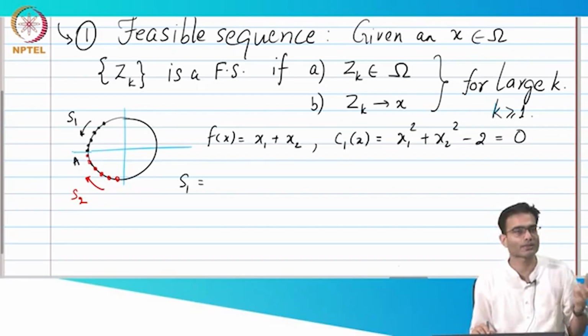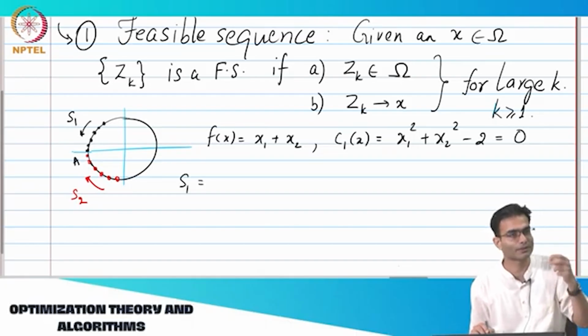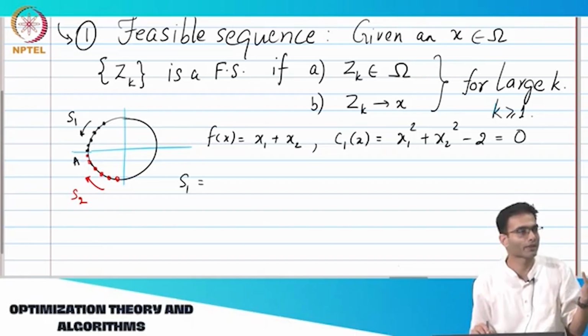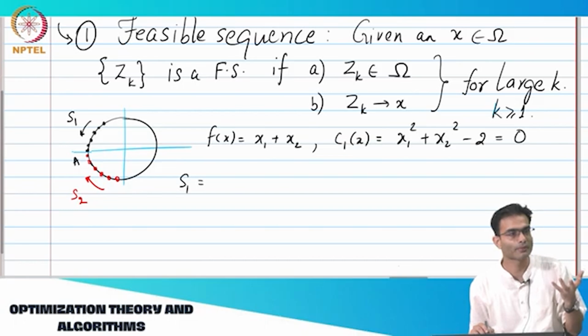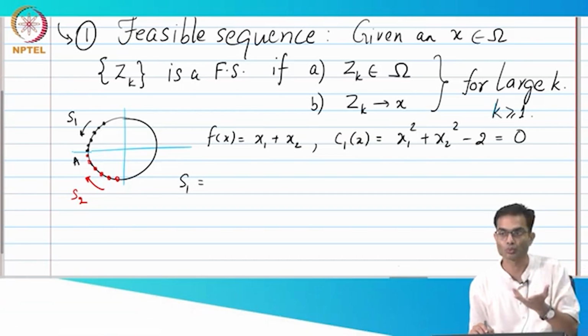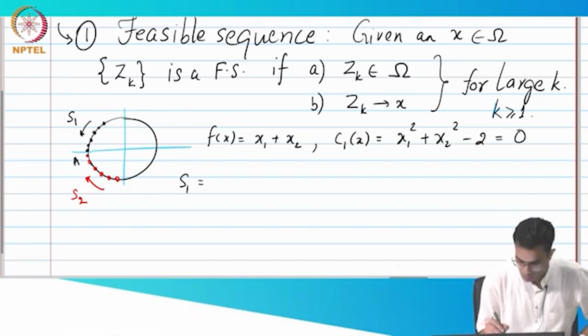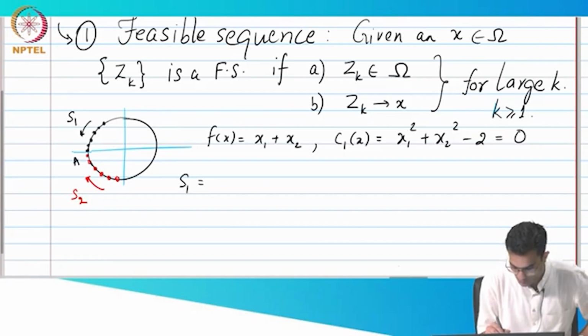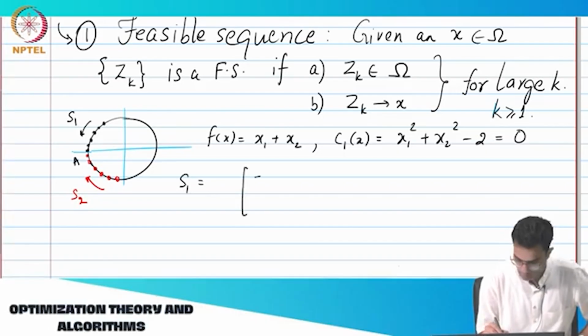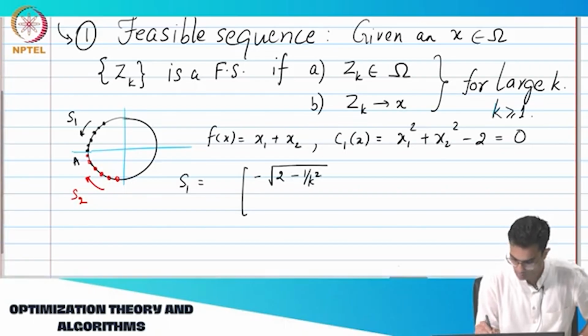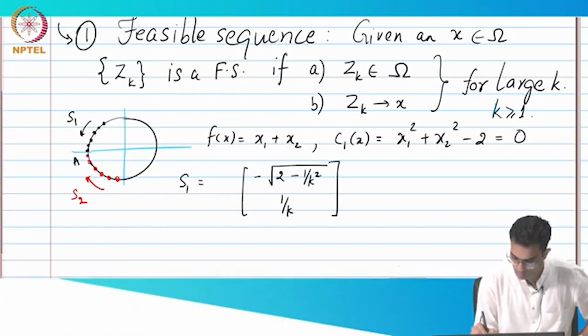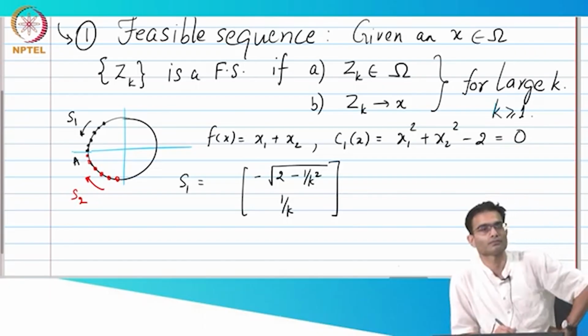The clue is that these points of the sequence must live on the circle. So they should satisfy x1 squared plus x2 squared equals 2. So I could define S1 like this. Does that work?